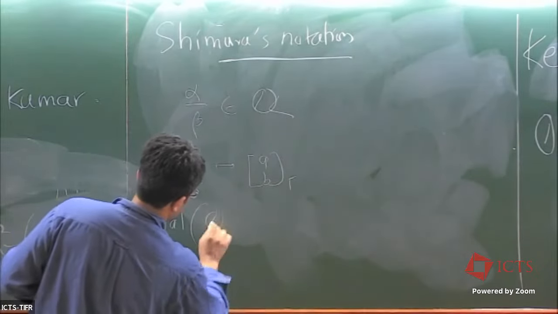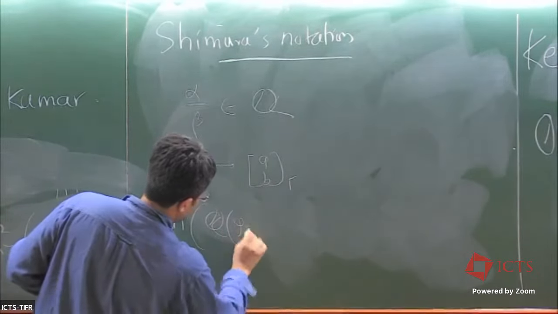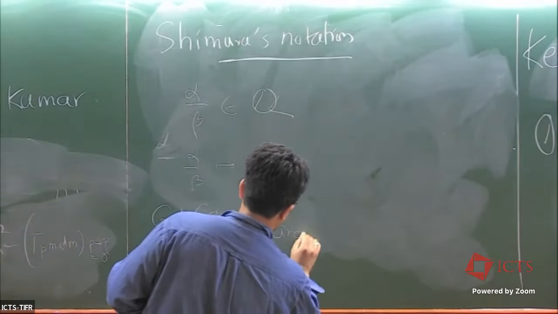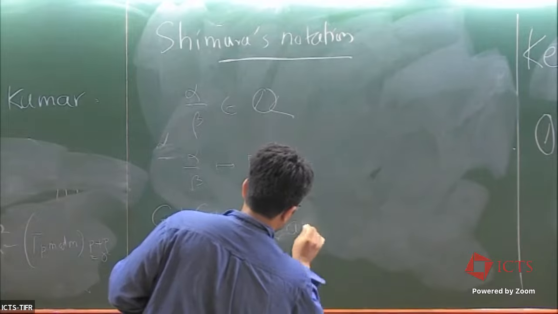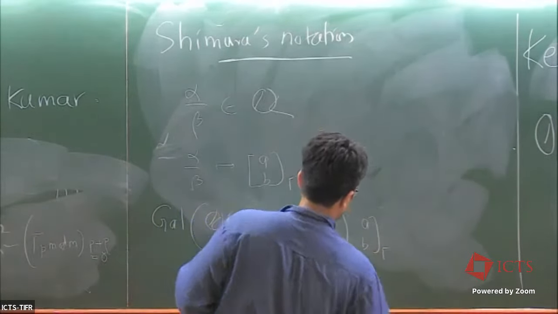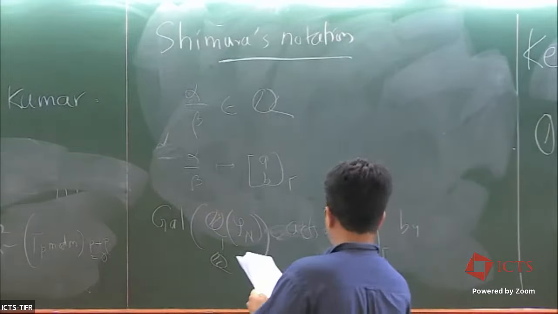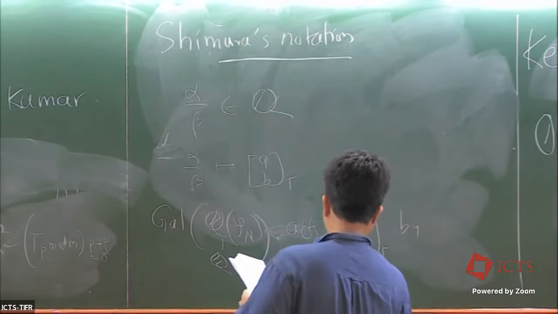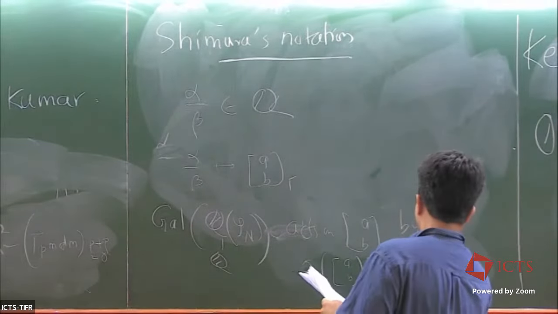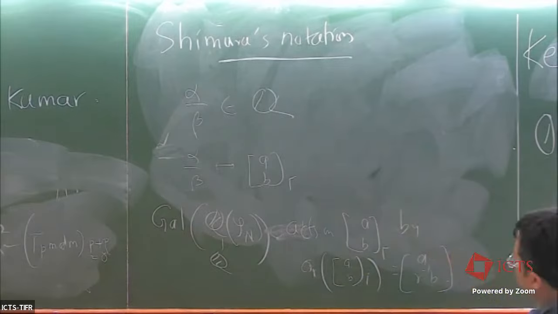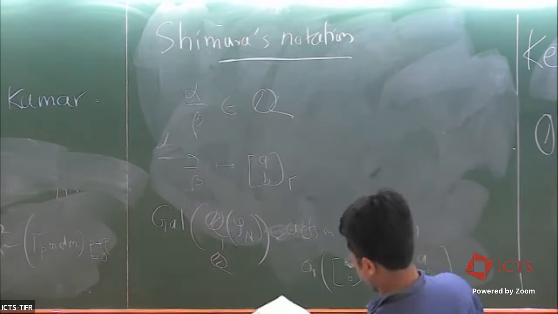So this Q zeta n over Q acts on this cusp, on this A B gamma, by sigma r of gamma equals A R inverse of B. So there is an action of the Galois group on this cusp.